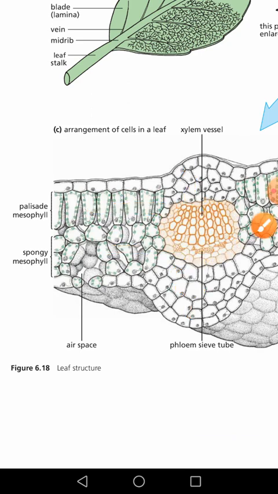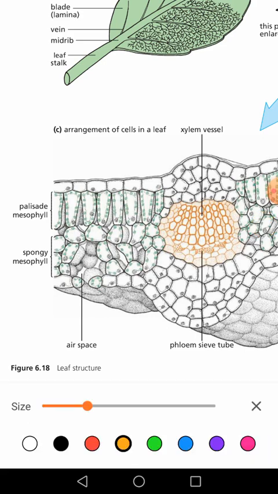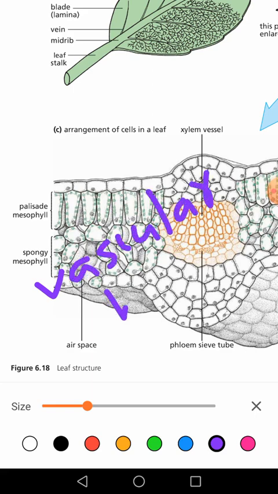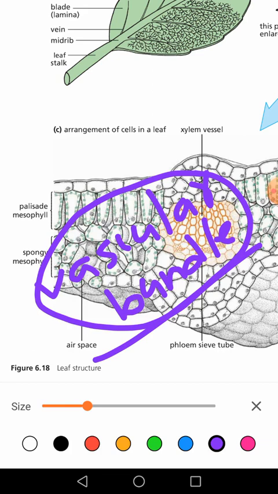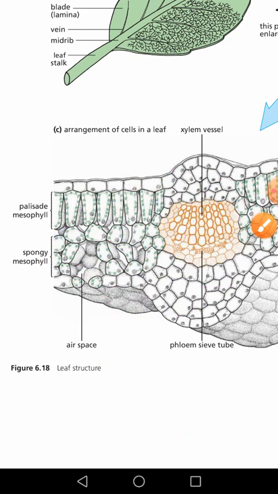Xylem and phloem together we call the vascular bundle. This is because they are vascular tissues, that means transport tissues, and they are combined together in a certain space, just like a bundle. So that's why they are called the vascular bundle.